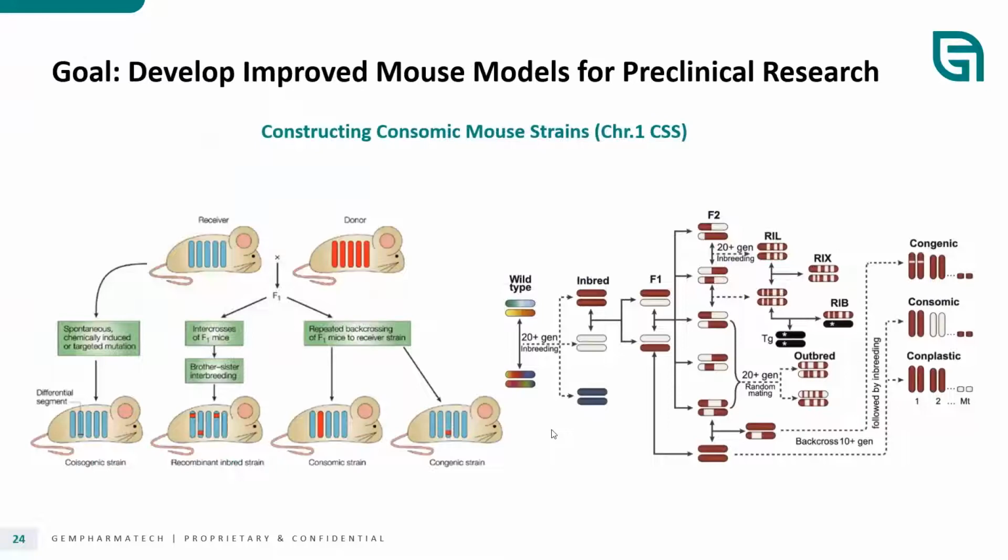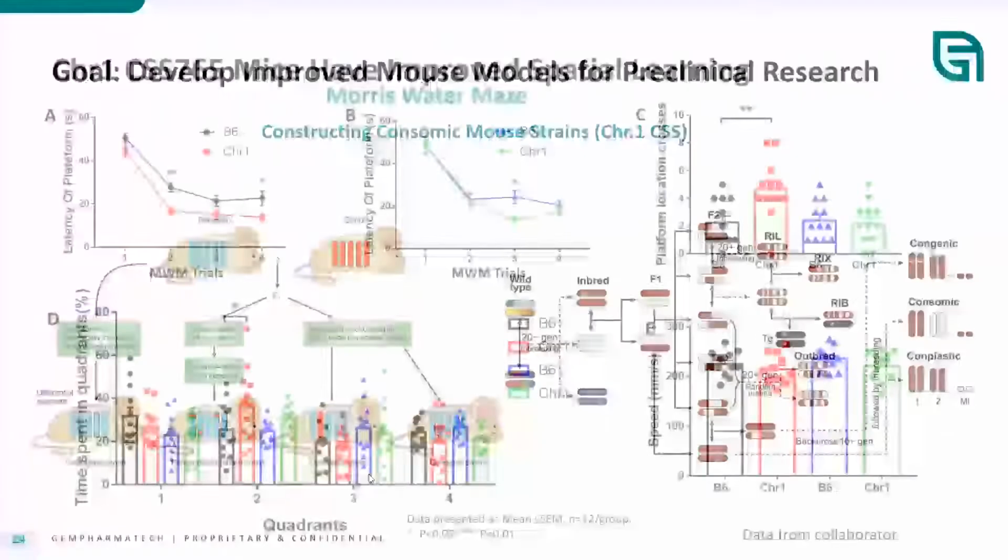We started constructing a consomic mouse strain of chromosome 1, consomic 1, CSS, bred with a wild mouse strain, the donor strain. We selected animals through many rounds of breeding that had chromosome 1 from a wild strain and were otherwise an inbred mouse strain.